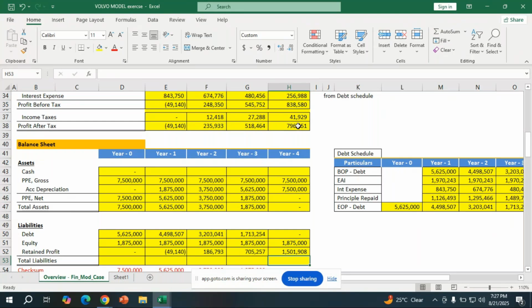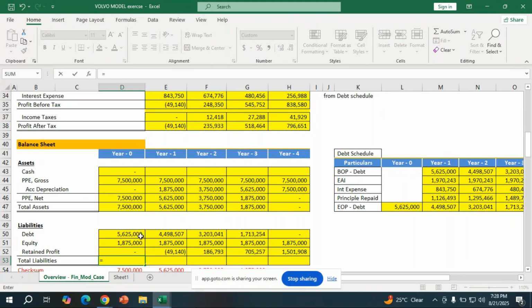Now you arrive at your total liabilities. You should not consider retained profit here, right?